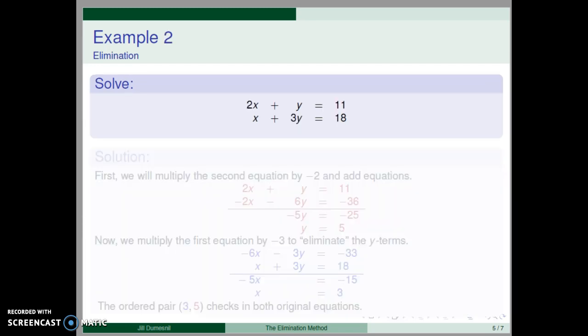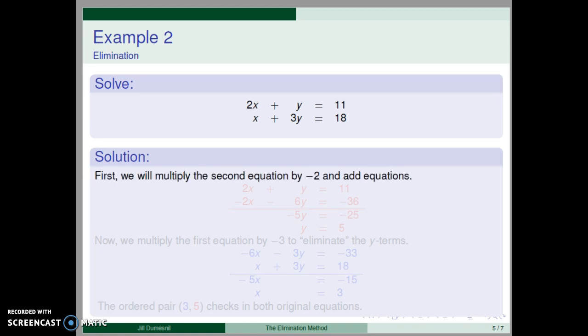For example 2, let's solve the system with equations 2x + y = 11 and x + 3y = 18. We notice that adding the equations now will not eliminate either variable. So we multiply the second equation by -2 and then add the equations.